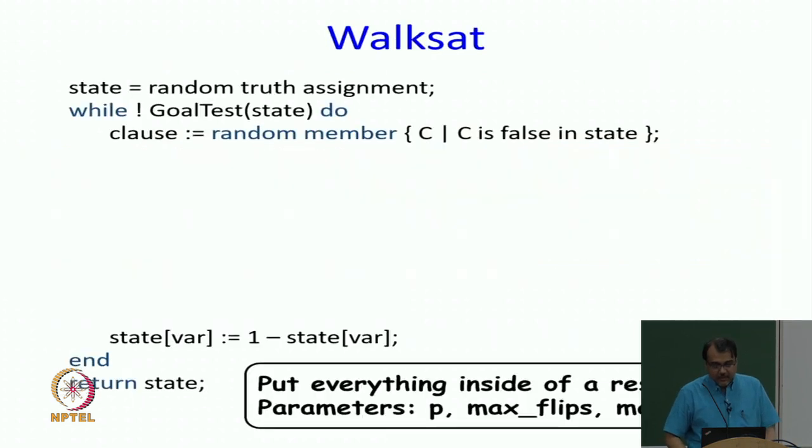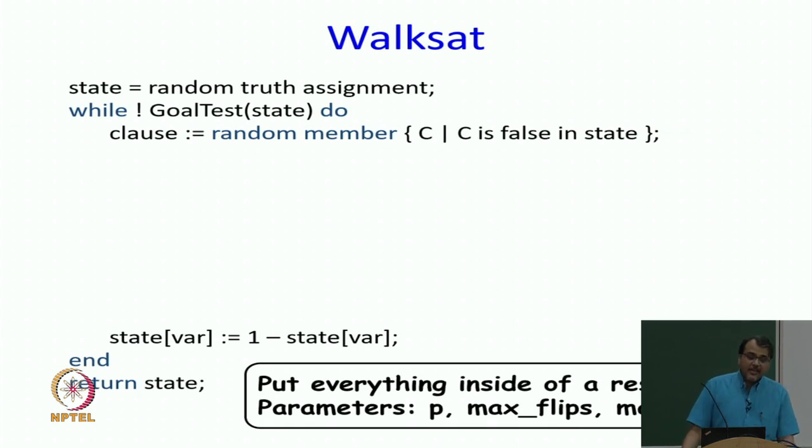So the WalkSAT algorithm works like this. This is sort of like a simulated annealing algorithm. In simulated annealing, we had the temperature. It's not like that, but in simulated annealing, we used to pick a variable randomly, pick a move randomly, right? So in the same way, we will pick a clause randomly. So let us pick a random clause, but we don't pick a random satisfied clause, we pick a random unsatisfied clause.